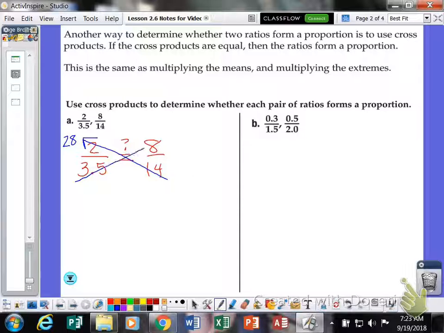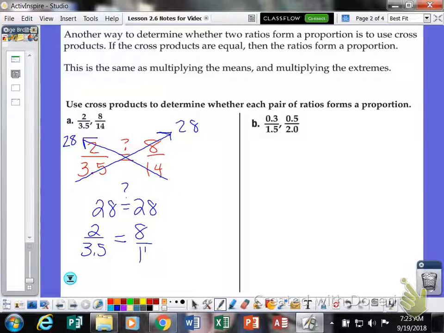And then we multiply across this way. So 3.5 times 8 would be 28 as well. Yep, 28. Does 28 equal 28? And it does. So 2 over 3.5 is equal to 8 over 14. So that is a proportion.